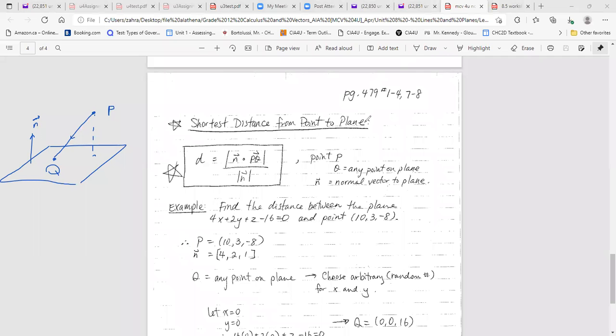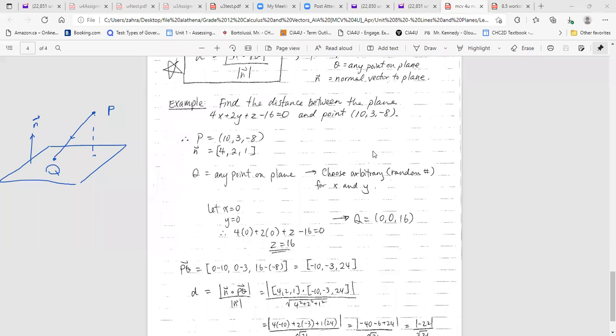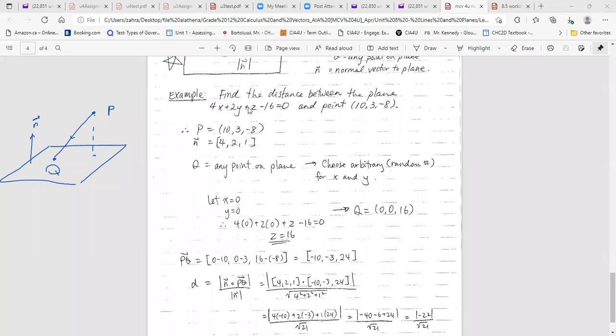So let's do a question about that. Find the distance between the point and the plane. 4x plus 2y plus z minus 16 equals 0 is the equation of the plane, and the point is (10, 3, -8). We have a point and we have a normal vector, the coefficients of x, y, z: (4, 2, 1) is your n. Now I find any point on the plane.